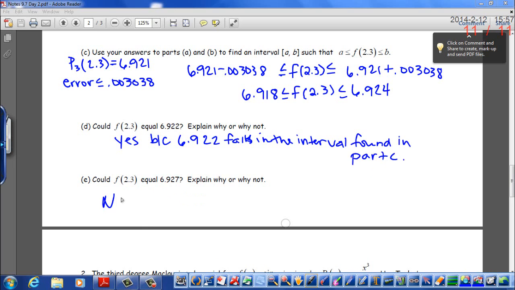No, because 6.927 is not in the interval found in part C.